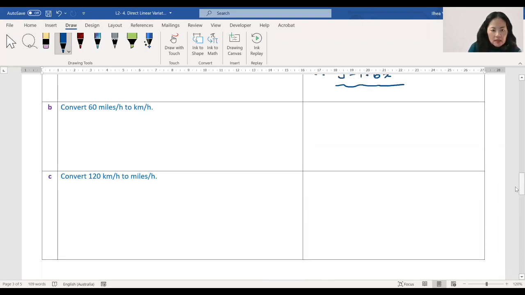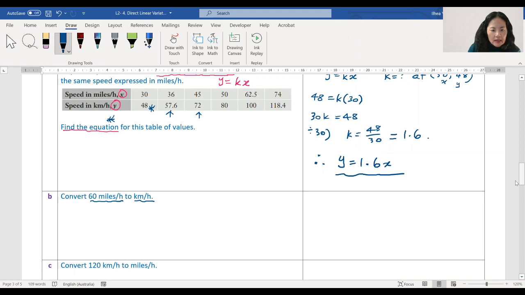It says 60 miles to kilometers per hour. Miles was x, so x equals 60. And y is the kilometers per hour, and we don't know that. That's what we have to find.